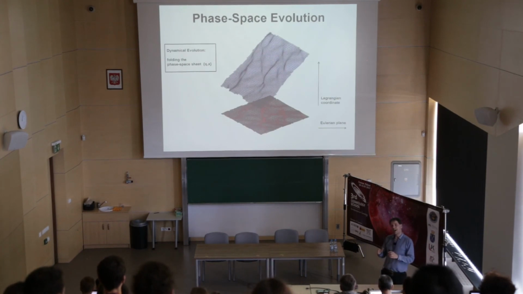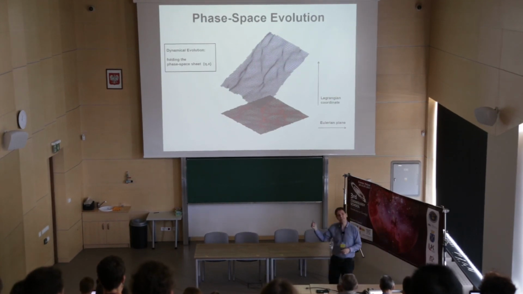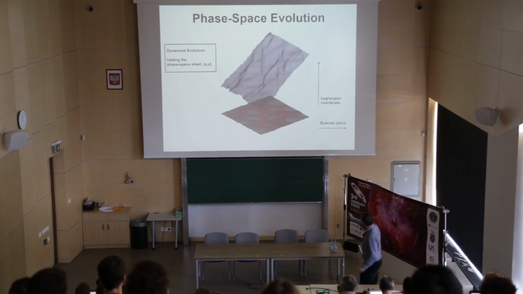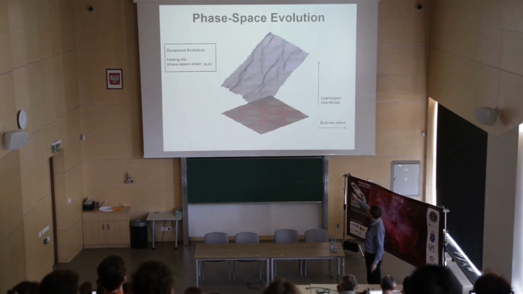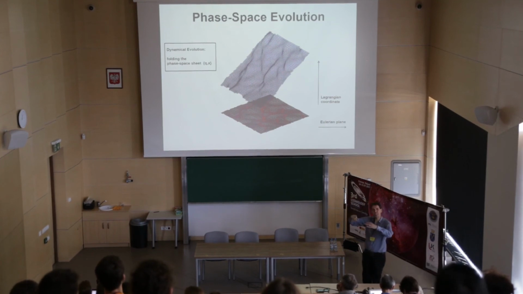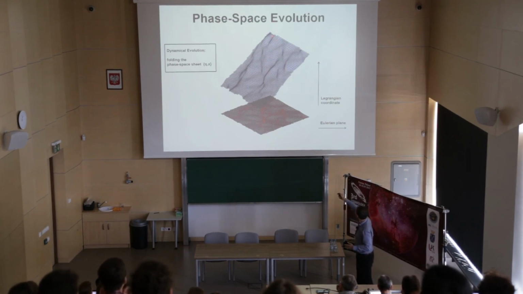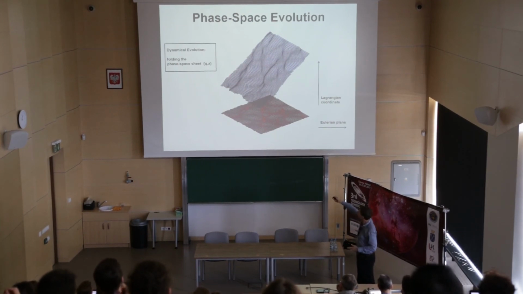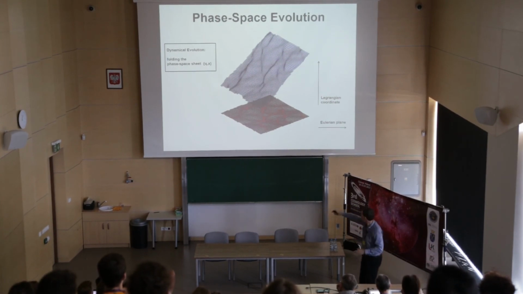So how then should we imagine the cosmic web? I showed you this little curl. Now this is more realistic. This is basically the dark matter sheet. I can't depict 6 dimensions, so this is 3 dimensions. One direction is velocity, translated into Lagrangian coordinate.